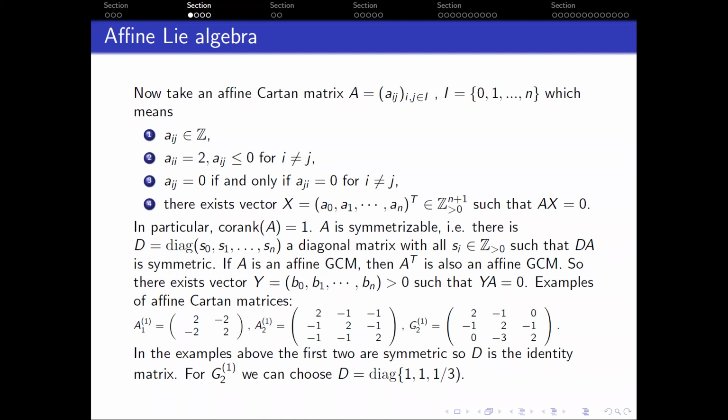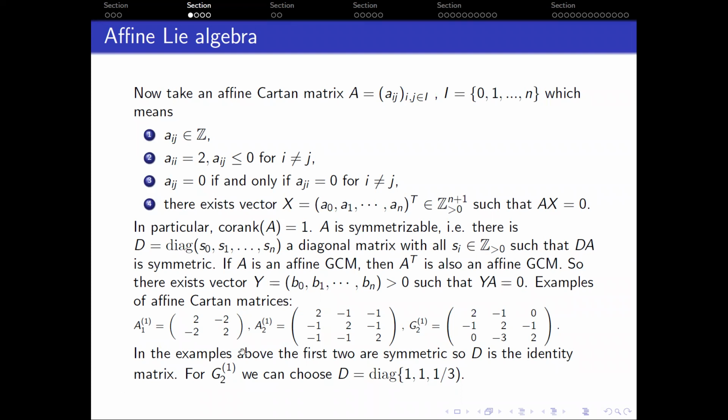And from these defining properties, the affine Cartan matrices are completely classified. Not very difficult to do that. And corresponding to each type of affine Cartan matrix, we have a corresponding affine Lie algebra generated via generators and relations. And that's what we call the affine Lie algebra, and that will be my focus today.